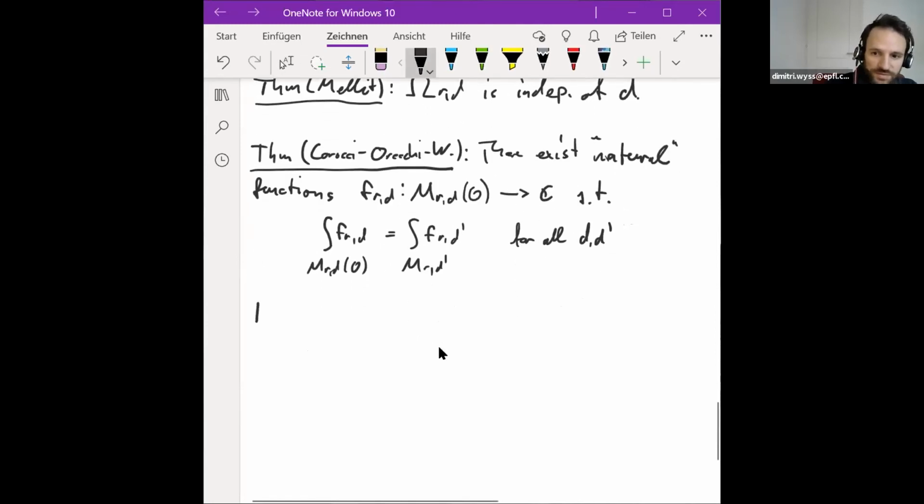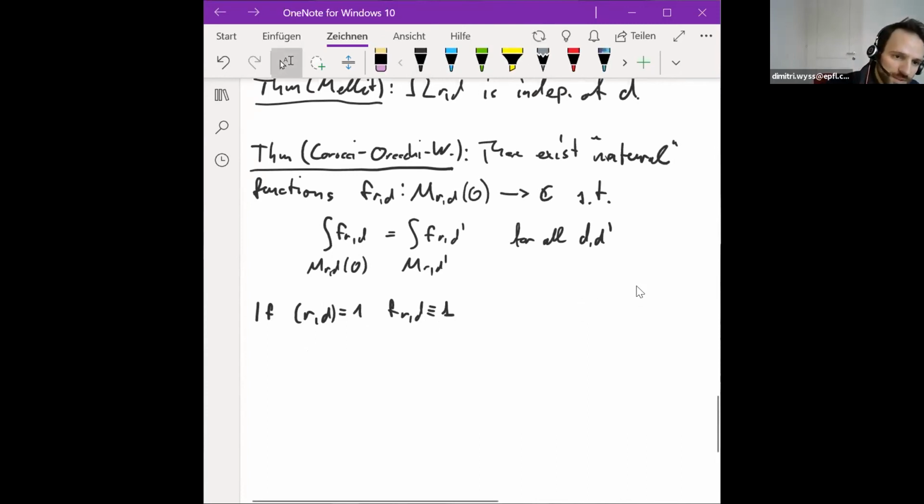And also, if R and D are co-prime, then these functions are constantly one, and we get back the previous thing.